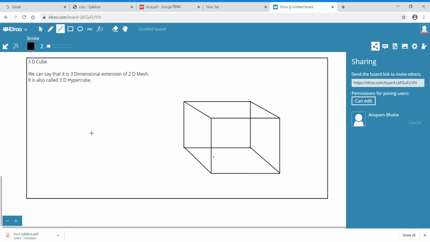This one is a very simple example of the 3D cube we usually make.